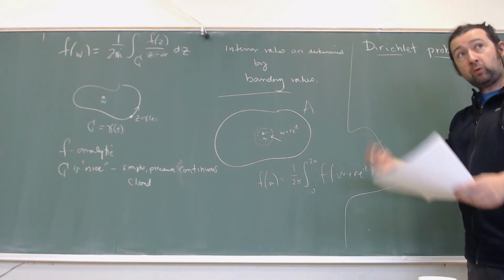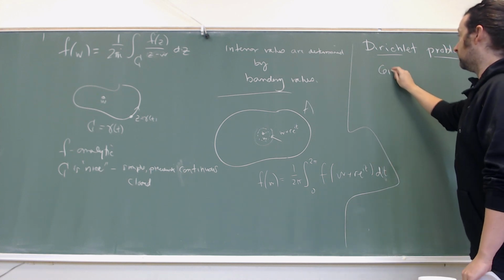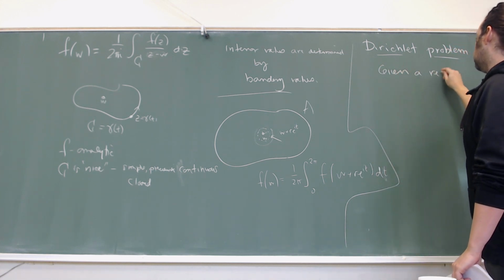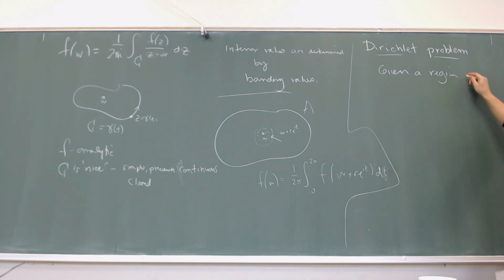So this is what it requires. Given a region, let's say in R2 even, so given a region in R2, this is going to be a question about harmonic functions.